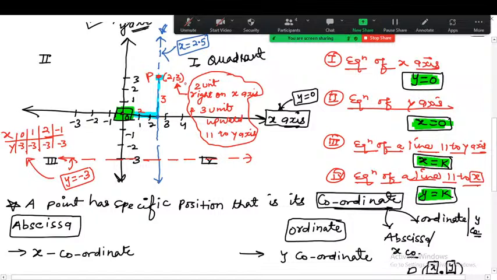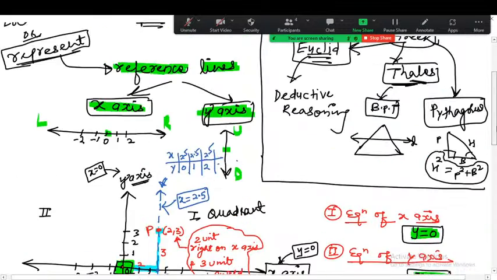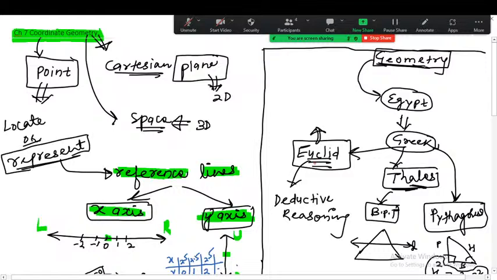That is why we say it is a specific exact position that we can now specify for a point. That is why we are well sure that a point has a fixed position. Earlier it was not well sure. At the time of Euclid, he just said that a point has no part. This was the definition of Euclid.